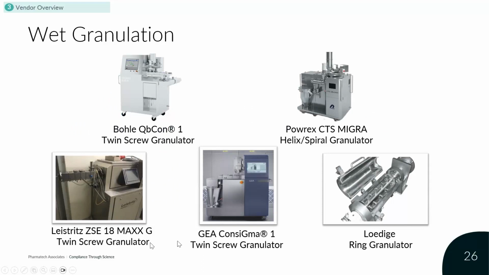Wet granulation, still one of the big topics in the market. You can also see different solutions here. At first glance, you say, okay, this looks familiar. It might be a twin screw principle, but not in all cases. There are companies out there like PowerX, for example, that have a very specific, I call it helix spiral granulation device, not necessarily the screw principle, I would say, or you have what is offered from Lödige, the ring granulator.